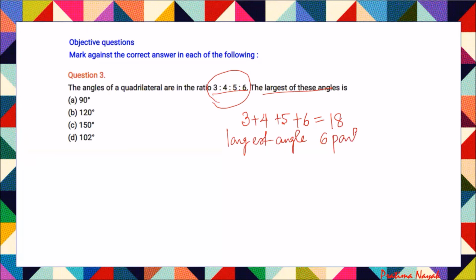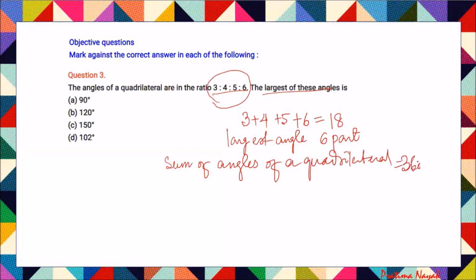So we'll divide 360 degrees, because the sum of angles of a quadrilateral is 360 degrees, into 18 parts and take 6 parts of it. 6 into 20, since 18 twos are 36.